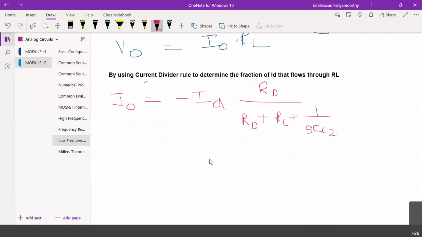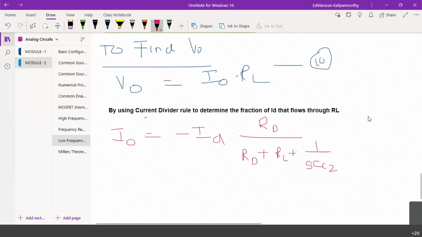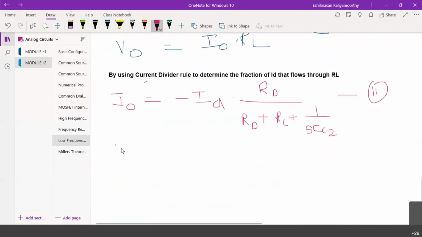Now you can substitute this in this expression. You consider this is the expression 11. Now 11 in 10.